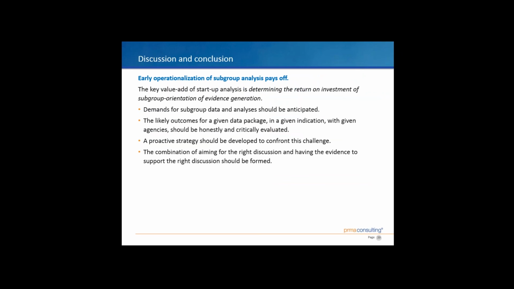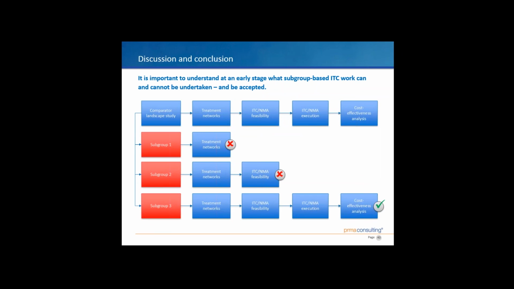And this ties back, for those of you who were here at the last webinar will recognize this slide, to the early operationalization, the startup analysis, the idea that there is a piece of work and a proactive piece of work that should be done up front to understand what these challenges will look like. And in this case, that upfront analysis is not going to be as straightforward as the diagram on this slide, but conceptually it's not going to be that much more complicated.